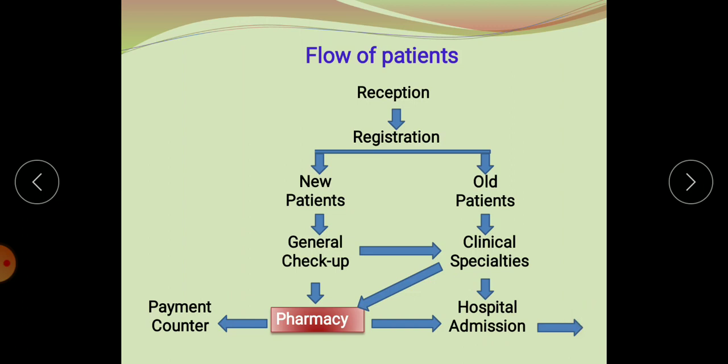Okay. Then it may also happen that after the clinical specialities, they visit the pharmacy shop, and after some first aid treatment, they again visit the hospital admission section. It may also be done with the general checkup. After the general checkup, they may visit the pharmacy and get admitted if there is any serious illness.